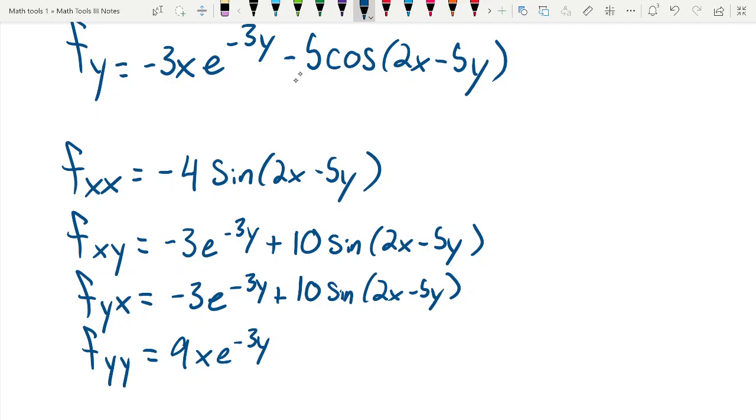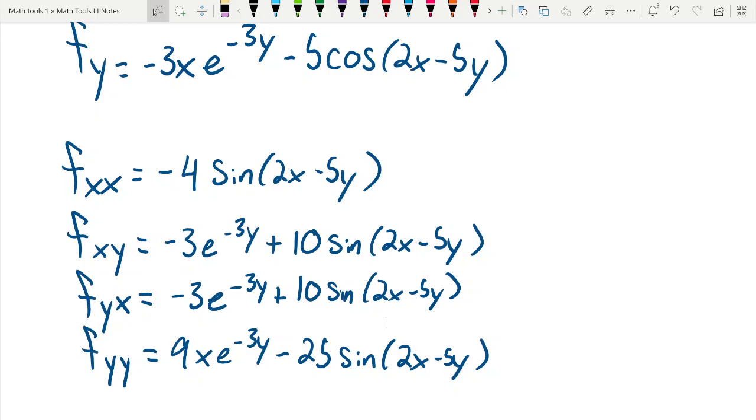So overall, we're going to have a negative because we have 3 negatives. And then 5 times 5 will give us 25. So we'll have 25 sine of 2x minus 5y. Okay. So 9x e to the negative 3y minus 25 sine of 2x minus 5y.